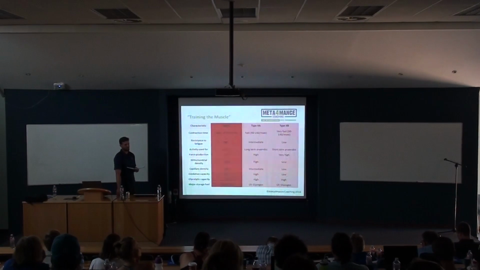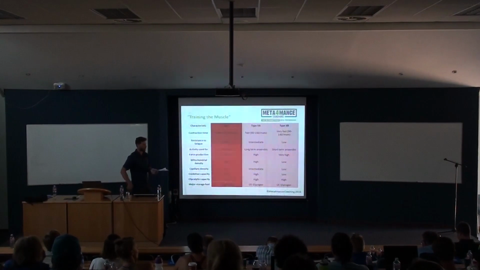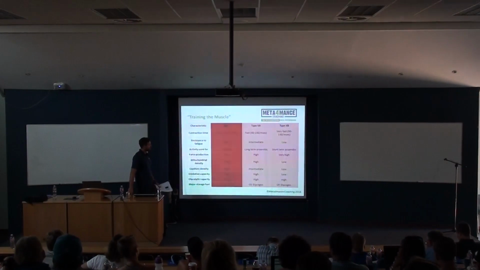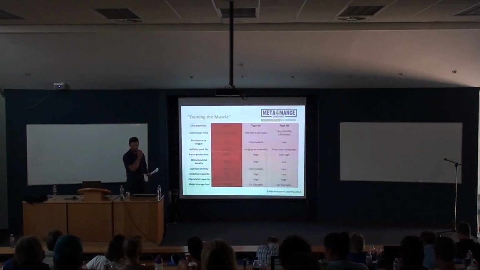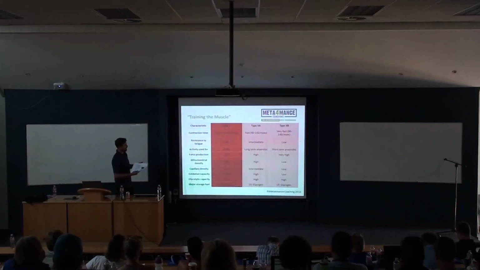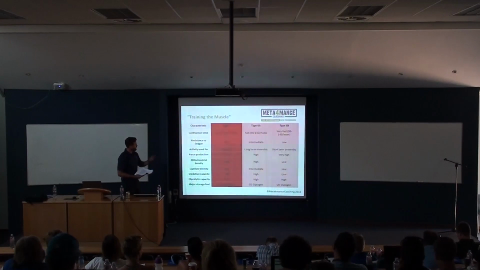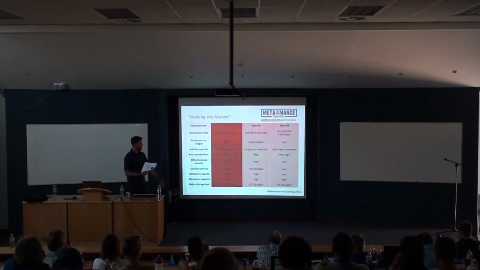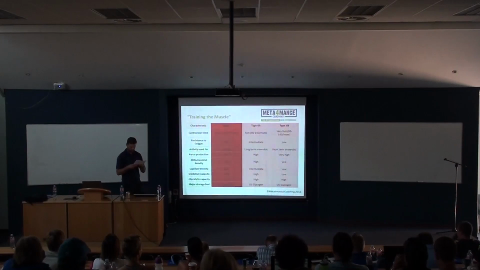You can't really alter that, but through training, either knowingly or unknowingly, okay, so sometimes without knowing we have an effect, we can change the way that the type 2, the intermediate fibers, react, the properties that they display. So through the way of training, we can make them take on more of a slow twitch way of functioning or a fast twitch way of functioning.